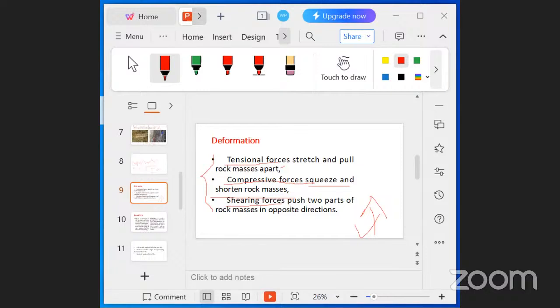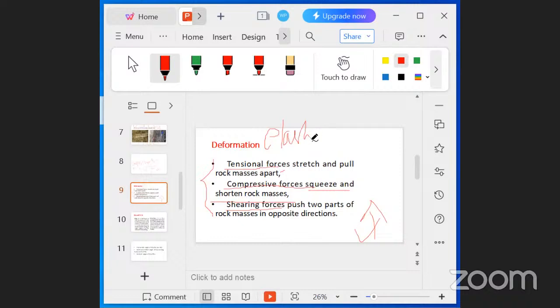Initially, the deformation is elastic. Remember this word, E-L-A-S-T-I-C, elastic. On withdrawal of stress, the body returns to its original form. The limiting stress is called the elastic limit.